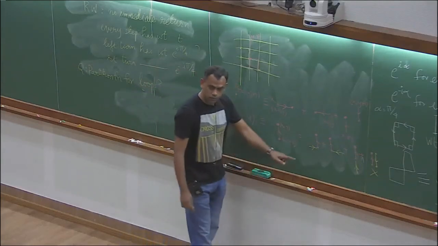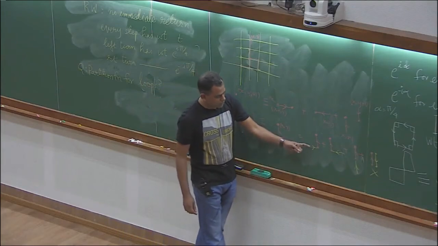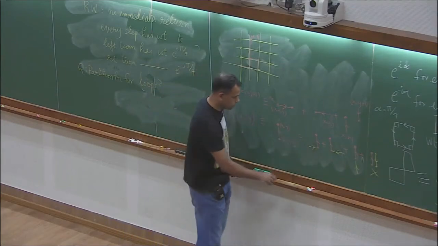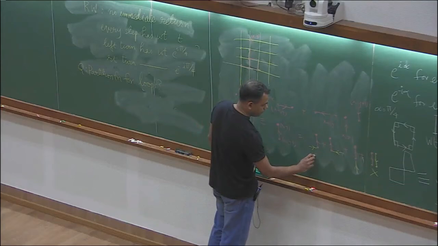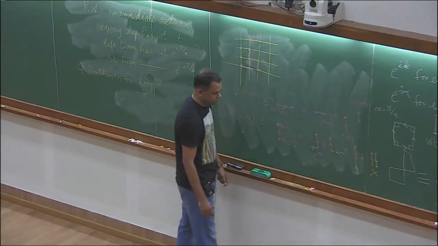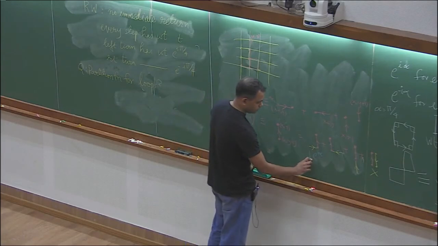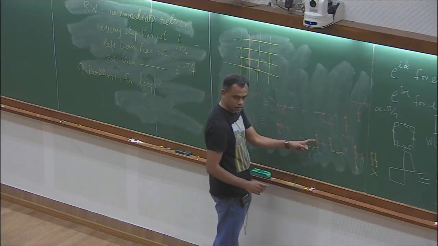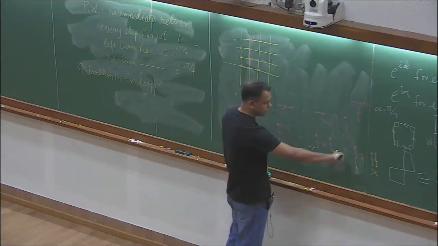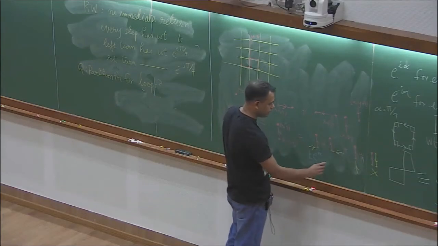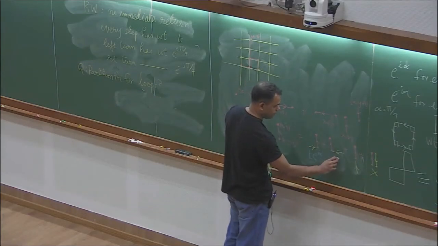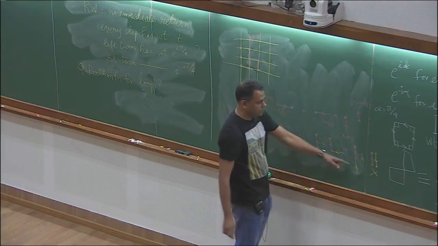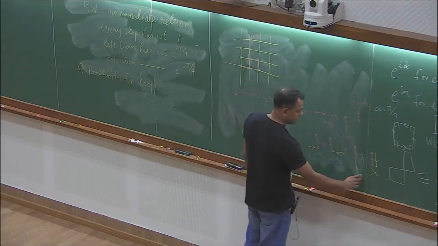what is the weight of this one? Weight of this one is, I take a left turn, so I have a weight e to the power i alpha, I'll call it alpha, alpha is pi by 4, into t, that's the extra step. This one takes a right turn, we had e to the power minus i alpha t, and this is a straight one, this is the weight t.